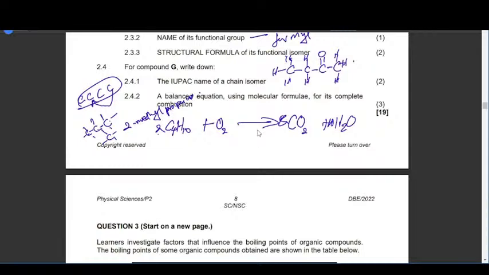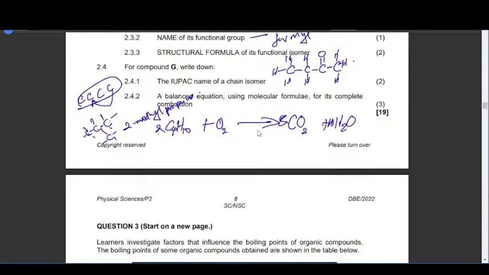Now the problem is oxygen. How many oxygen do I have this side? I have 10. This is 16, it's 26. Is it 26? Yes, it's 26.